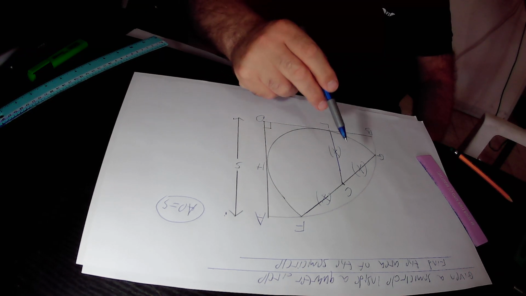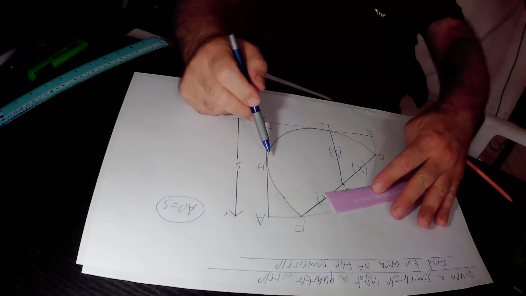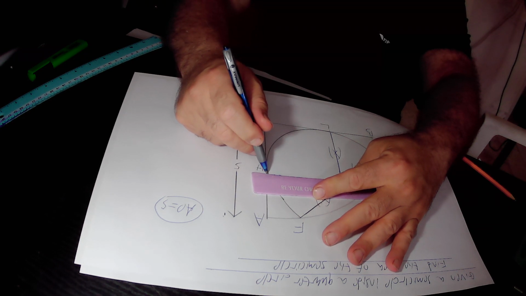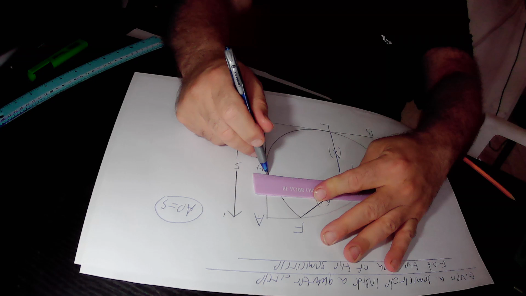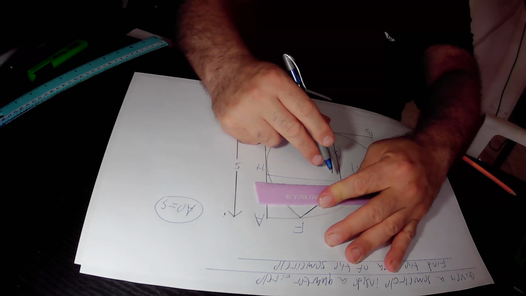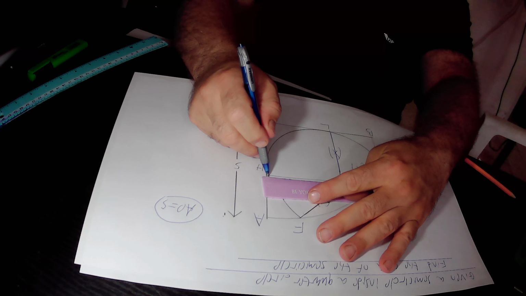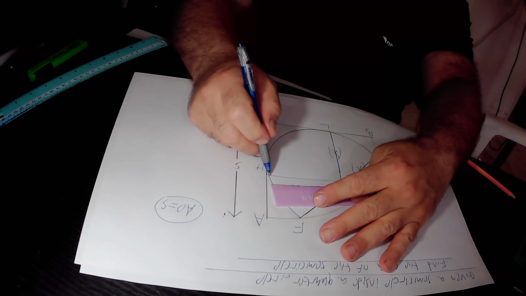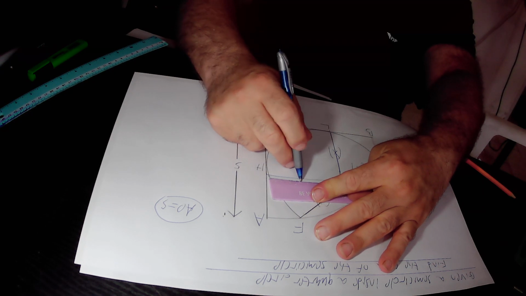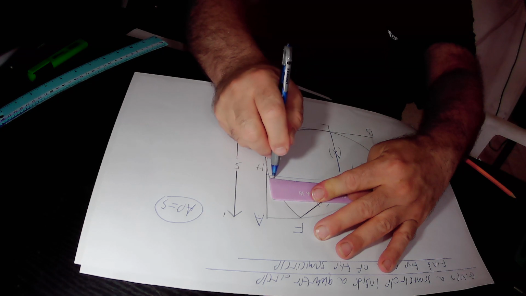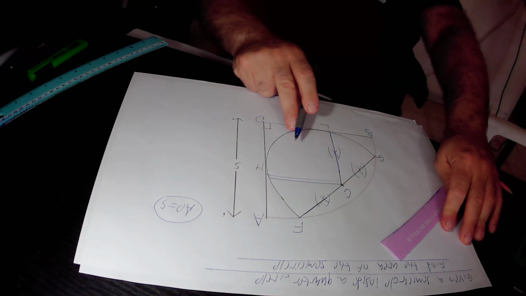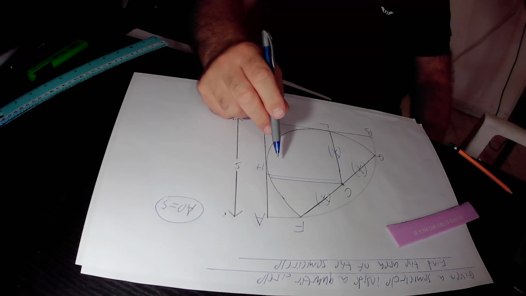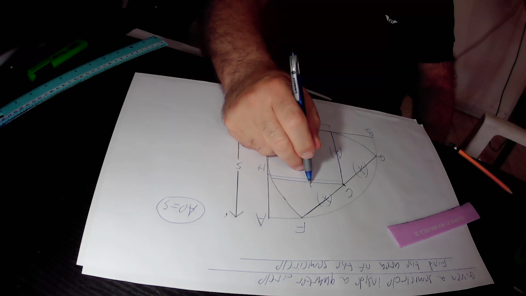Likewise, we will join point C and point H by a straight line. So CH is also the radius of this semicircle, that equals x according to our definition.